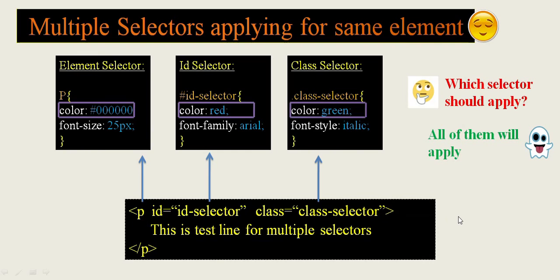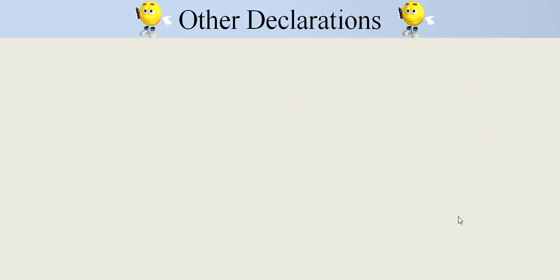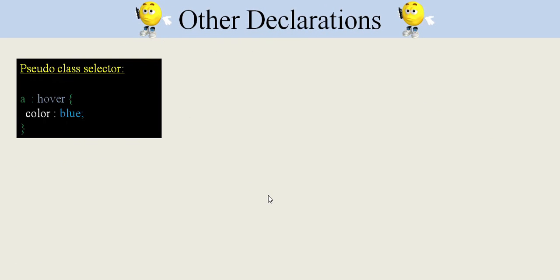For that, we need to know some other declarations. In this video, I am going to add some other declarations to our CSS file. Like we already learned the pseudo class selector, right? By using this two dotted symbol, which is nothing but a colon, we are going to create one pseudo class selector.